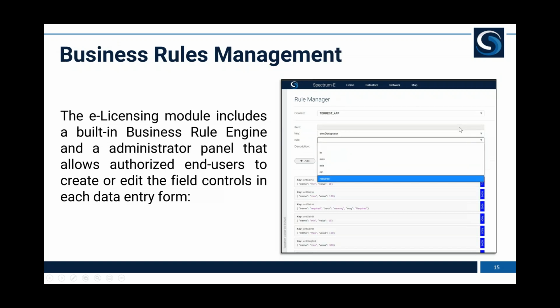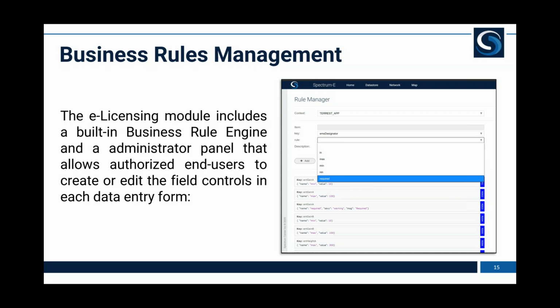And business rule management. Just like the workflow manager, there is a business rule manager in the tool. You have a panel as well that administrators would be able to go to different fields in a particular form. Here I'm highlighting the mission designator field, and you can specify if it's a required field or not, or if it's a field where you would input maybe a required range of values.